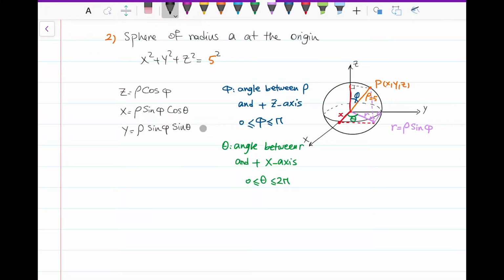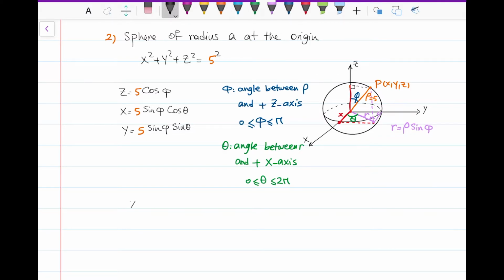Perfect. I parameterize my surface with two parameters, phi and theta. Rho is fixed. Rho would be the radius, which is 5 or even a. So rho here would be 5, and as you see, I just have two parameters.